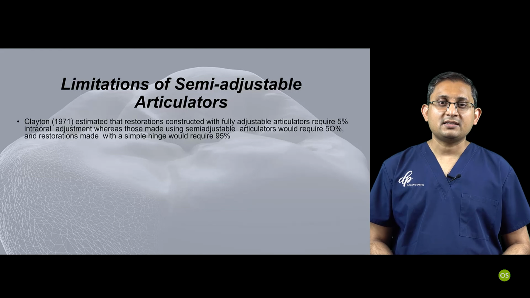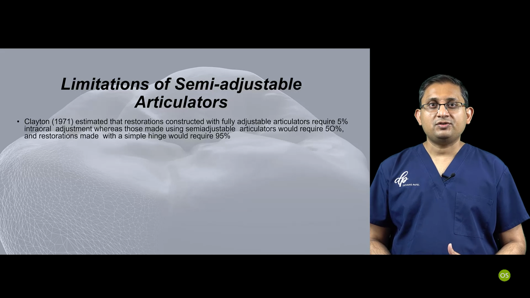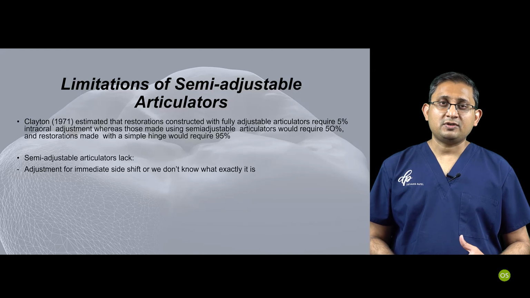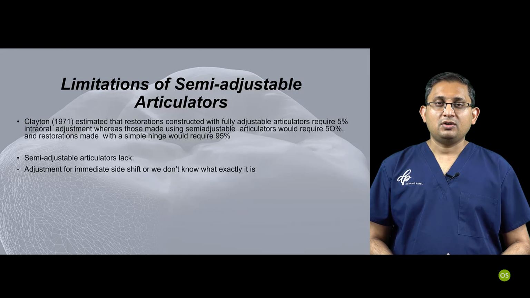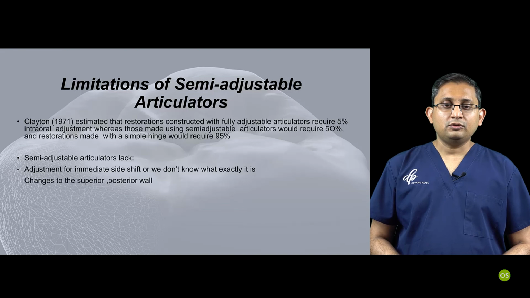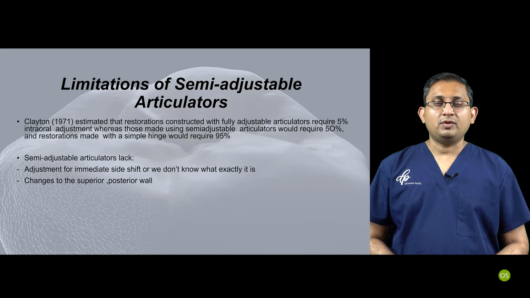So let's look at the limitations of a semi-adjustable articulator. It lacks adjustment of the immediate side shift, or the fact that we don't know what immediate side shift the patient has, and that's why we keep it to 0. It also restricts you in making any changes to the posterior superior wall. It's very flat.